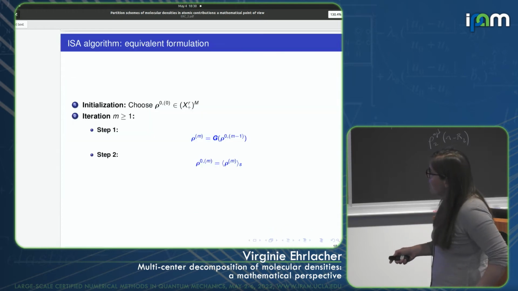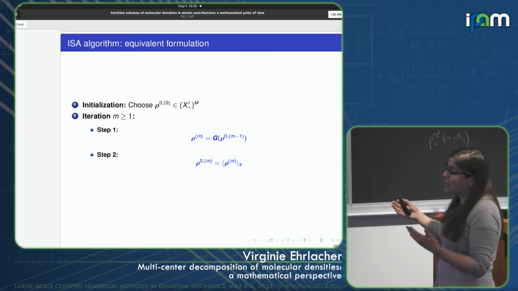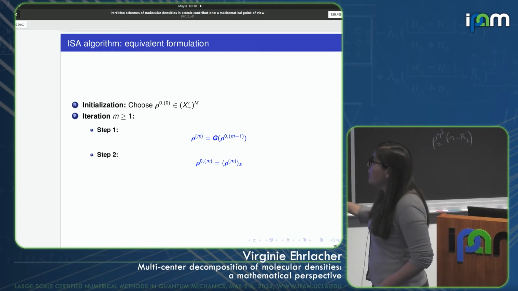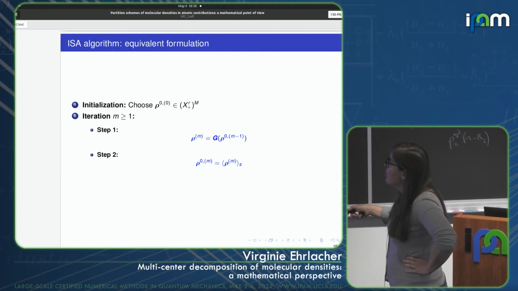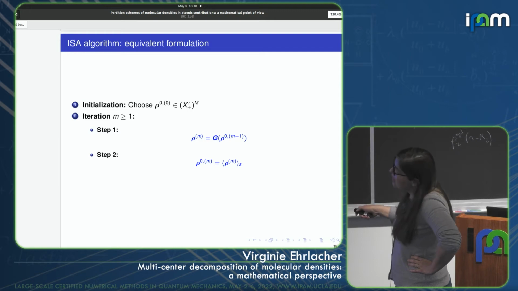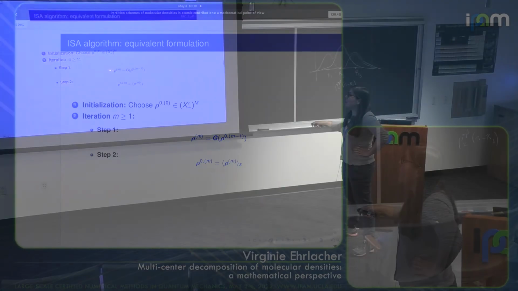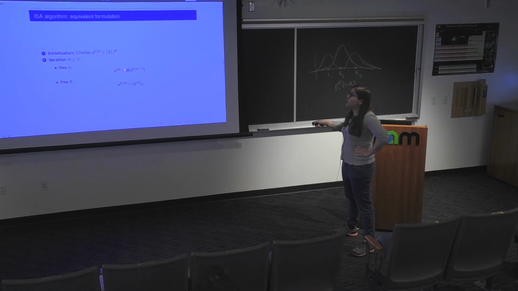So the ISA algorithm, the way you could find it in the chemical literature, is quite simple to write. It only boils down to considering this fixed point algorithm by defining at each iteration m, rho m as being G of rho 0 m minus 1, and rho 0 m to be the spherical average of rho m.